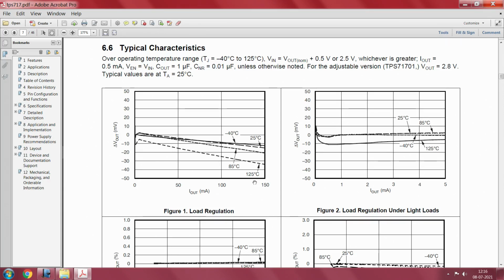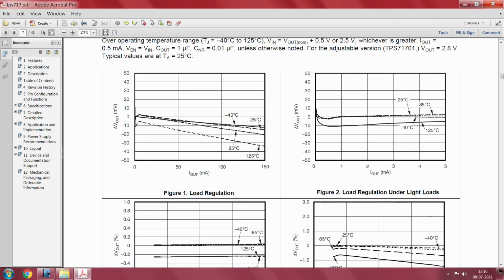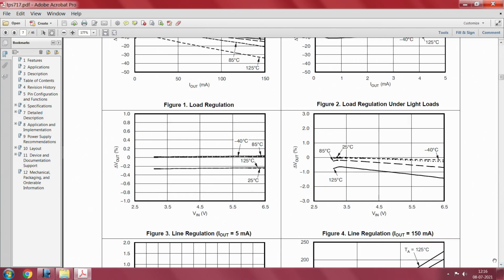You can interpret similarly for light loads, and you can interpret similarly for the line regulation as well, okay. You can see these pictures. There is a significant problem with the line regulation at high currents. You see 150 milliampere, there is a drop, whereas under light load conditions you do not see any problem, line regulation is very good, in the order of minus 0.2 and so on.